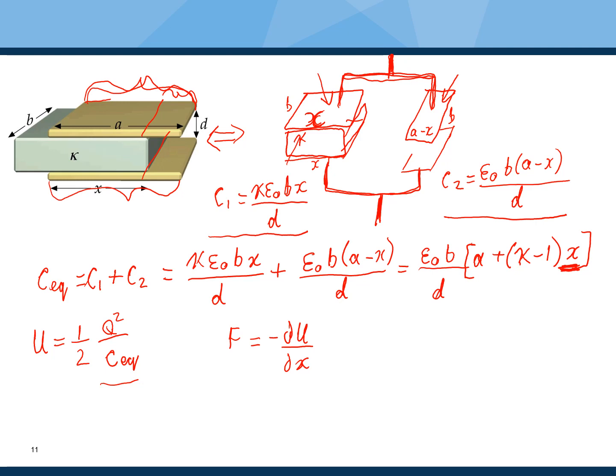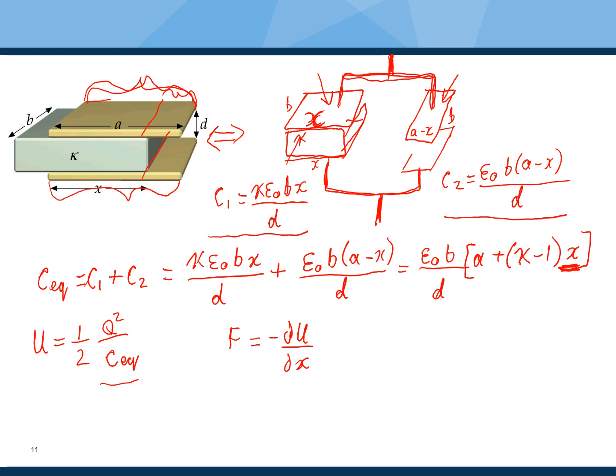But we can on intuitive grounds decide what would happen in this situation, because realize that when the dielectric completely goes into the space between the plates, when the dielectric completely fills the capacitor, then you have a situation where the capacitance is increased, the charge is unchanged, and therefore you have the largest value of capacitance and the lowest value of potential energy.